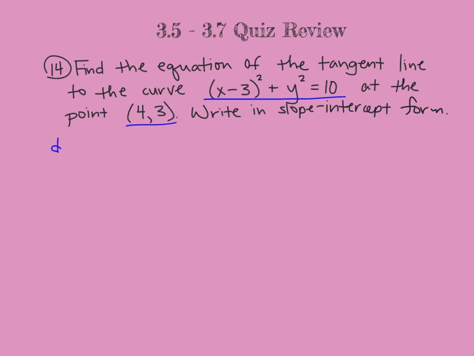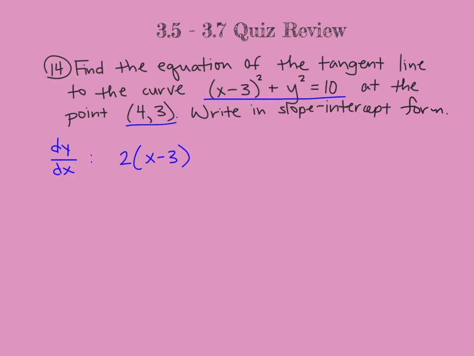So to find dy/dx, we need to take the derivative with respect to x of each one of these terms here. So we have x minus 3 quantity squared. That means we're going to use the power rule, so we're going to bring the 2 out in front, and then have x minus 3, and then raise it to the first power, multiply by the derivative of the inside, which is just 1.